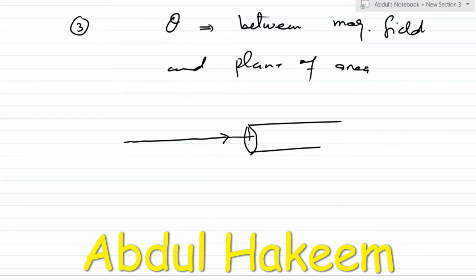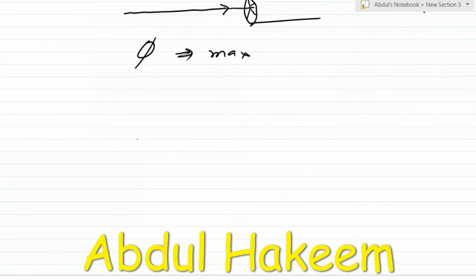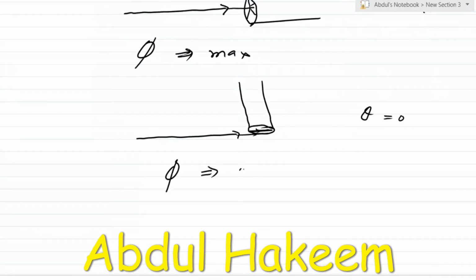Look, this is perpendicular. So the angle theta is 90. So the flux in this case will be maximum. But if the field lines are horizontal and the plane of the area is also horizontal, look, same, parallel, angle theta 0. So the flux is a minimum, meaning 0.